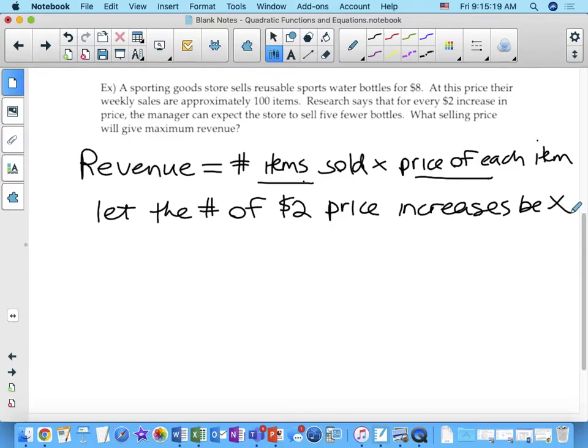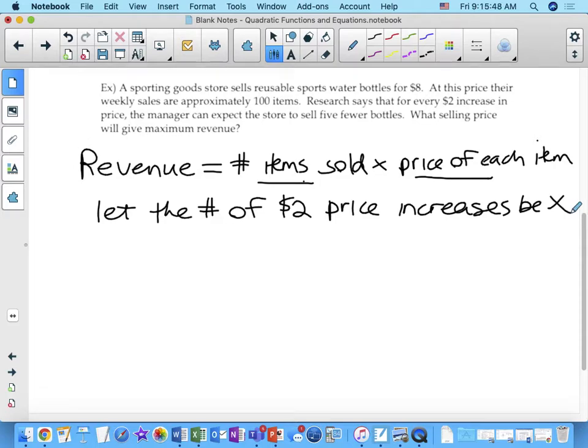If I do one price increase, what would the price of each item be? $10, right? Because it's 8 plus 2. If I do 2 price increases, it would be $12 because it's 8 plus 2 times 2. If I do 3 price increases, what would it be? 14. It's 8 plus 3 times 2.